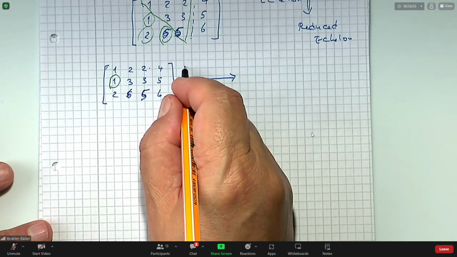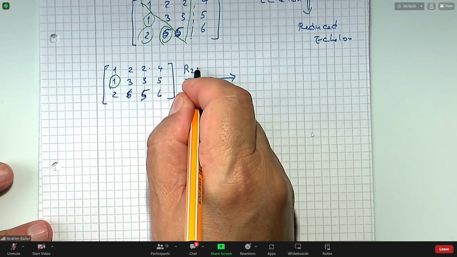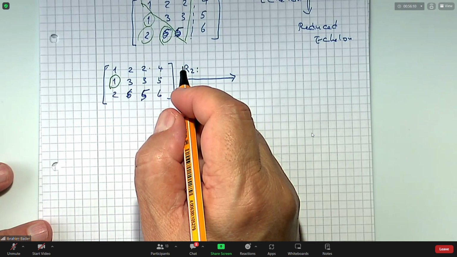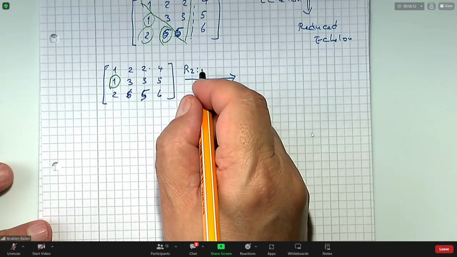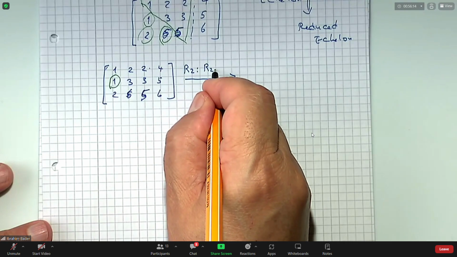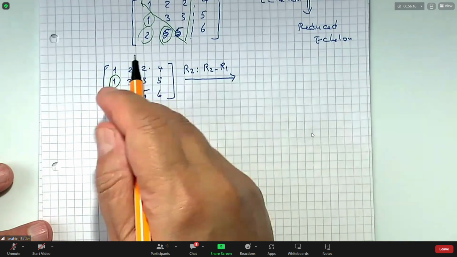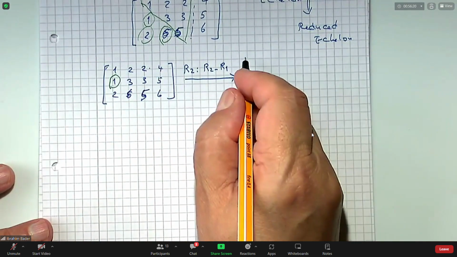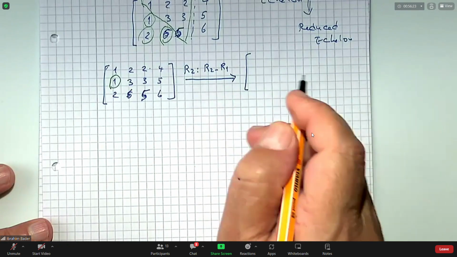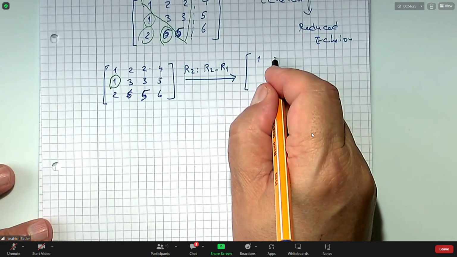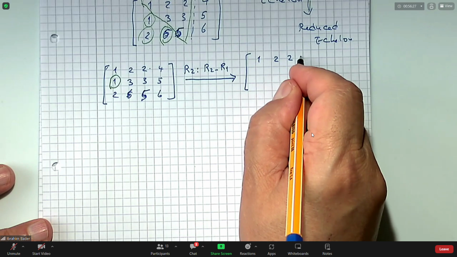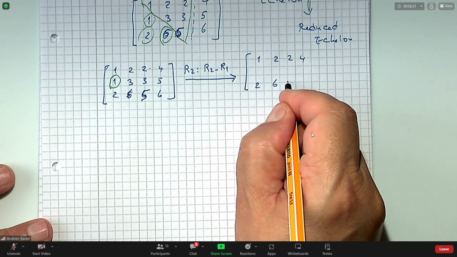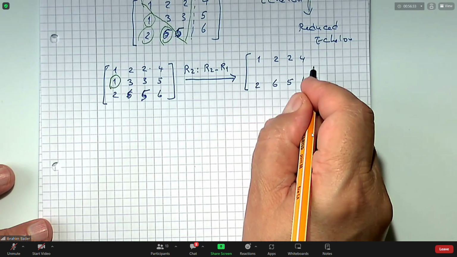The second row will be replaced by, I might subtract the first row from the second row, for instance. Here, R2 minus R1. If I subtract this from that one, I will be getting 0 here. What will I get there? So I keep the first row and the third row constant here. 2, 6, 5, 6, and here.